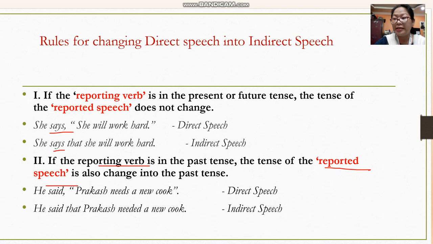He said that, now the verb is all in the past tense, so it has changed. And then the tense inside the reported speech will become, he said that Prakash needed a new cook. Okay. Now this rule also I have explained in the previous video. Please refer to the previous video.